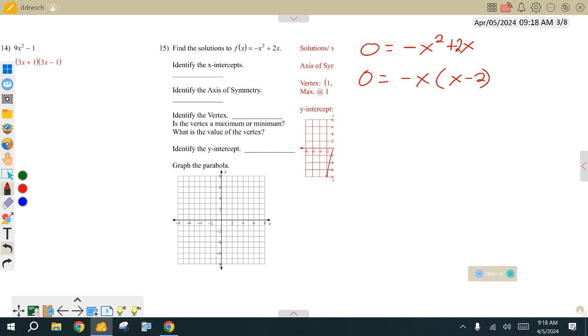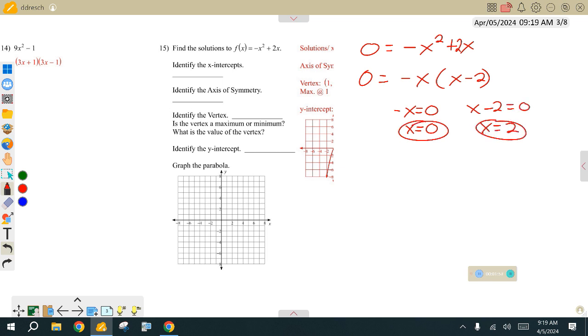One solution will always be 0, from that GCF that you brought out. No matter what you bring out for that GCF, if it's a negative x, if it's a 2x, if it's a 5,000x, it's going to turn out to be 0. The other one just depends on the problem. What's that going to be? It's going to be 2.